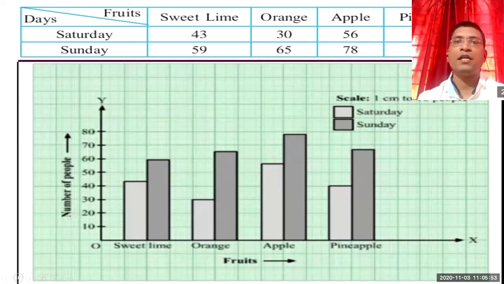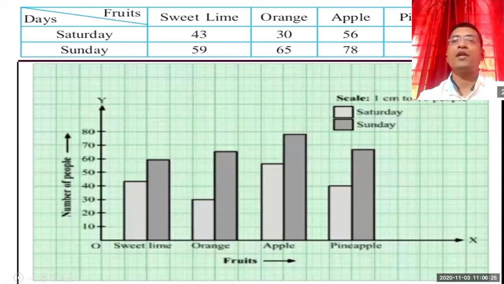On Sunday, 59 people took it. Look at the second, orange. Orange was taken by 30 people on Saturday. The bar graph is drawn till 30 for orange on Saturday and 65 on Sunday.